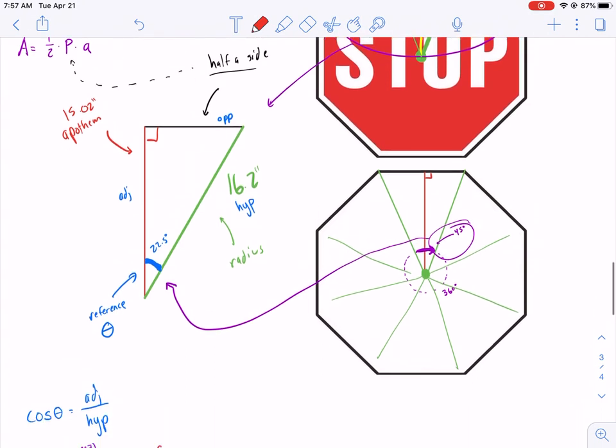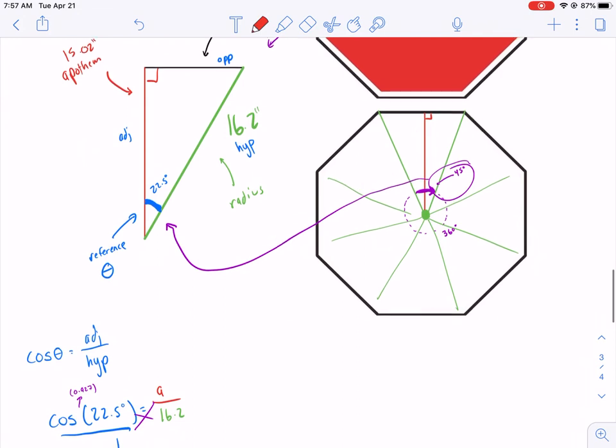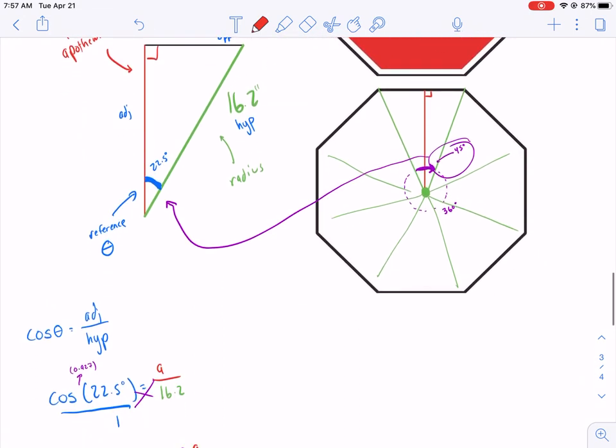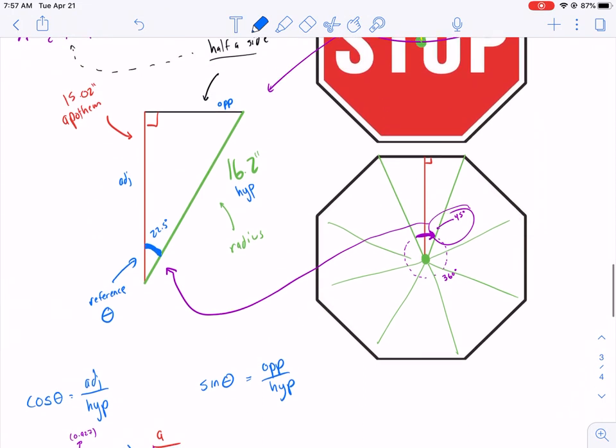Now I need to set up another trig ratio to find my opposite side. I'm going to stick with using my hypotenuse and opposite side. Which trig function uses the opposite side and the hypotenuse? Well, of course, sine does. So I'm going to use the sine of theta, the sine of my angle.